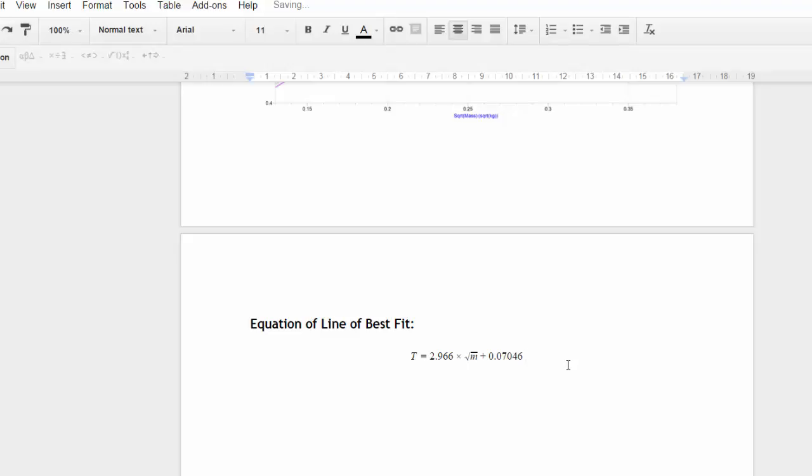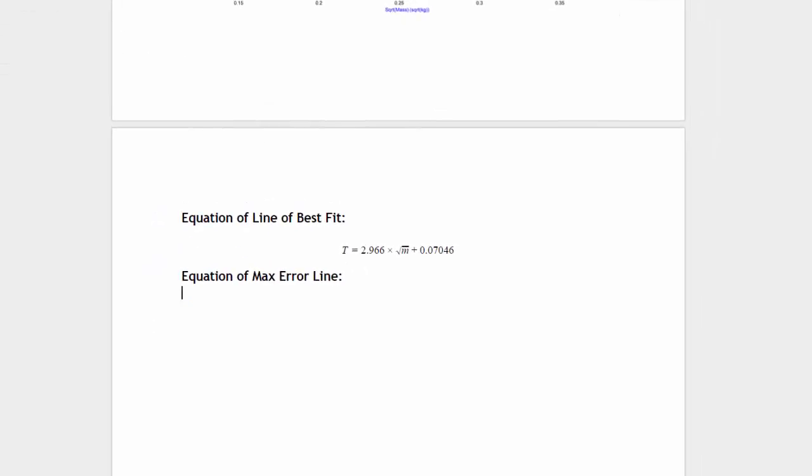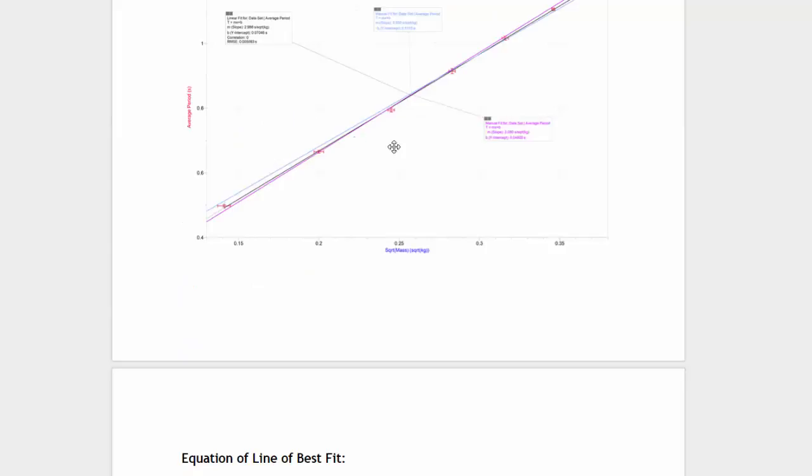And then we want the equation of max error line. Is going to be new equation. Now we need to check the max error line, which is the steepest one. That's the pink one. And that has a gradient of 3.080 and a y-intercept of 0.048.